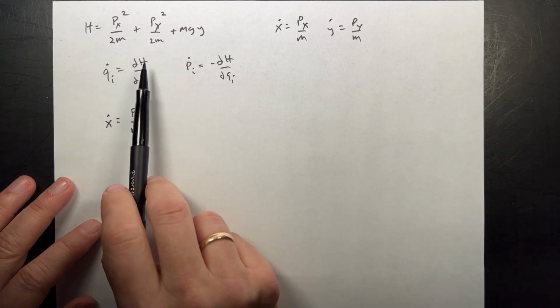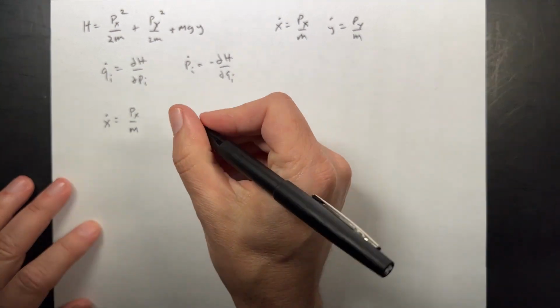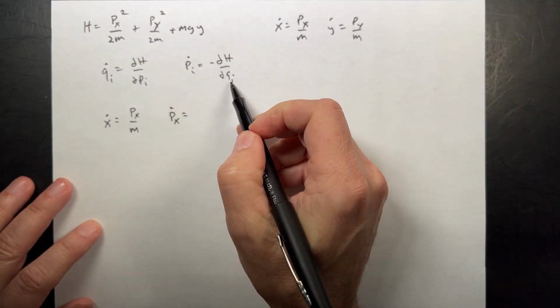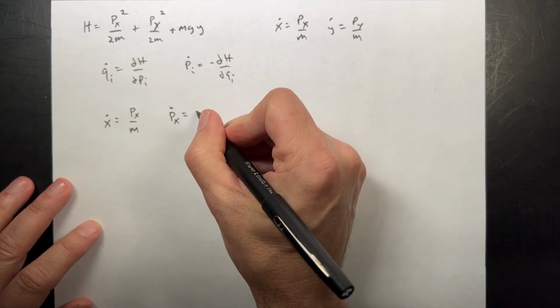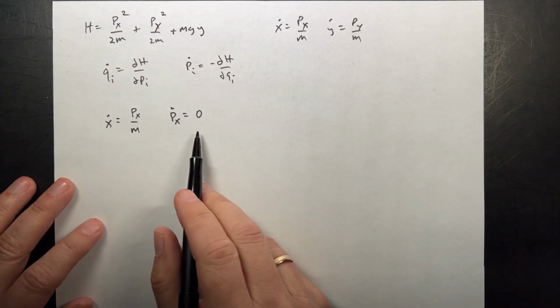Next, let's do this one. p_x dot is going to be negative the partial of H with respect to x. There is no x in there, so it's 0. Those are my x equations of motion.